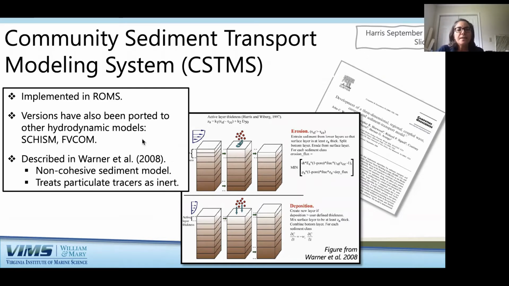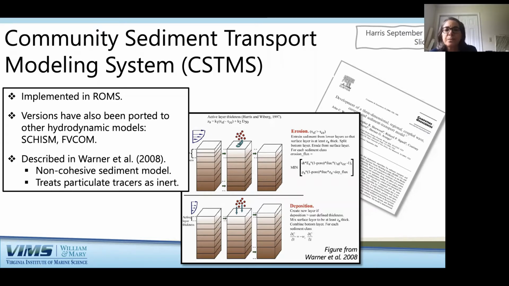Within this sediment transport model, it accounts for suspended sediment transport. It also makes the assumption that the sediment is behaving non-cohesively, so it's appropriate for sands that don't have cohesive properties. It's really assuming that the sediment properties are fixed and a function of grain size.